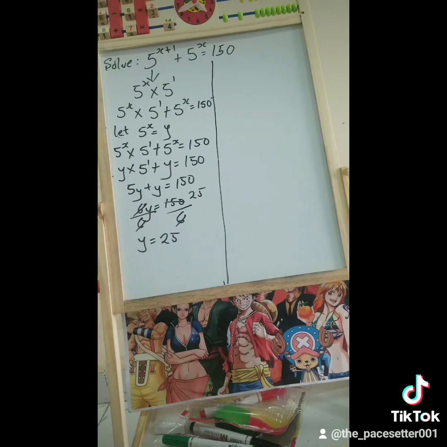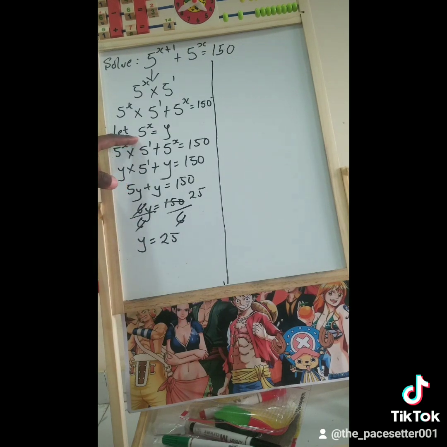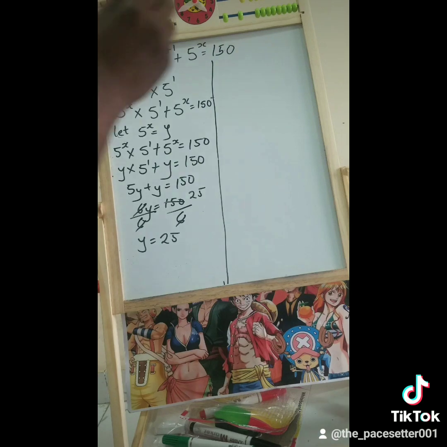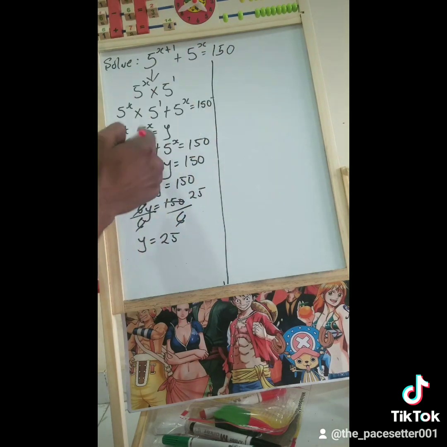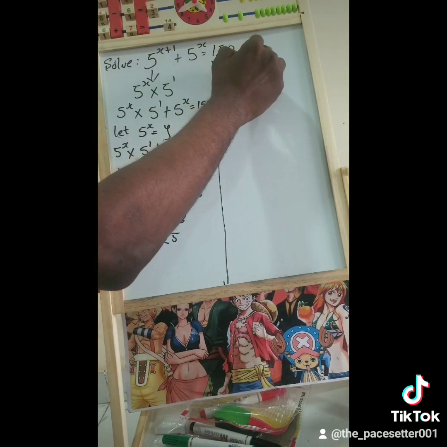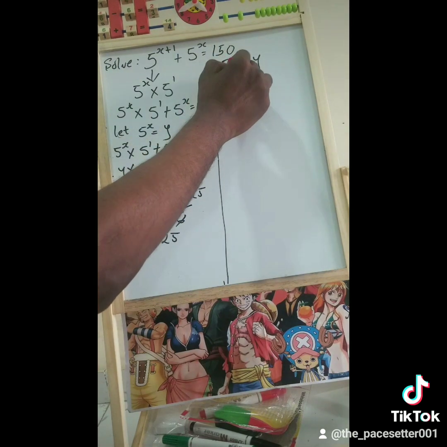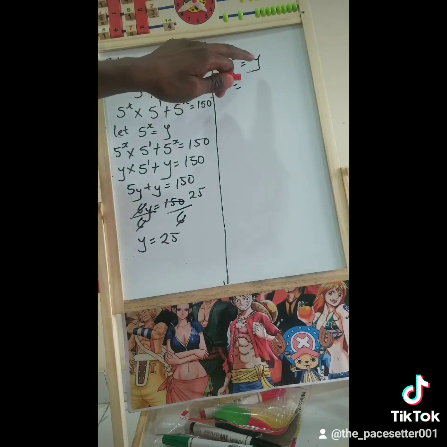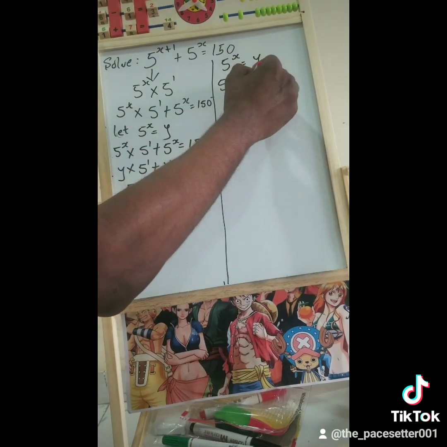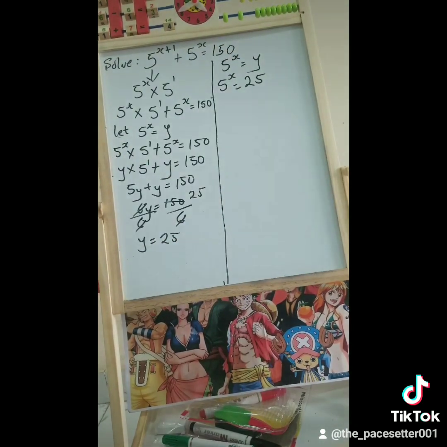This is not our final answer, because y is the same thing as 5 raised to the power x. So we have to bring this value back. Remember that 5 raised to the power x is equal to y, so we replace y with 25: 5 raised to the power x equals 25.